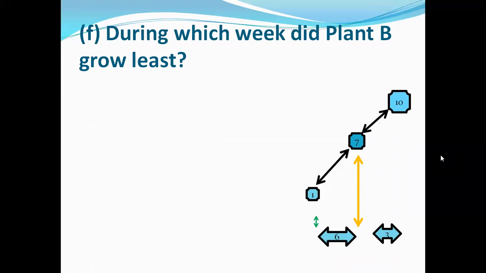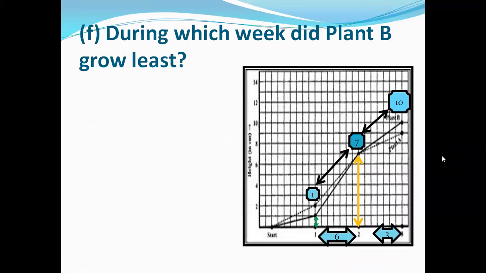During which week did plant A grow least, they are asking. Now look at your graph sheet. At the end of the first week it is 1 centimeter. At the end of the second week it is 7 centimeter. At the end of the third week it is 10 centimeter. Now we are going to find the least one. Now you can subtract. What is this? 3 centimeter.